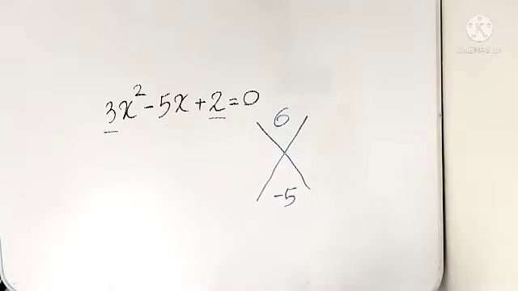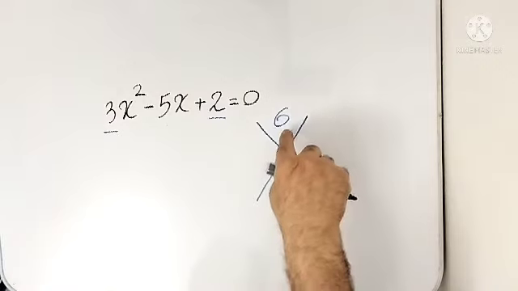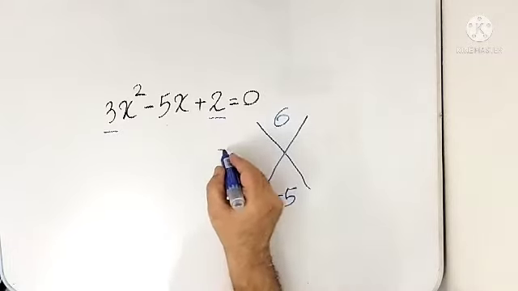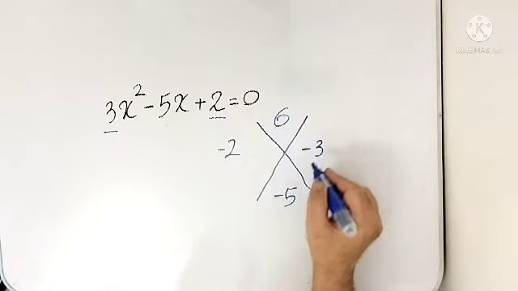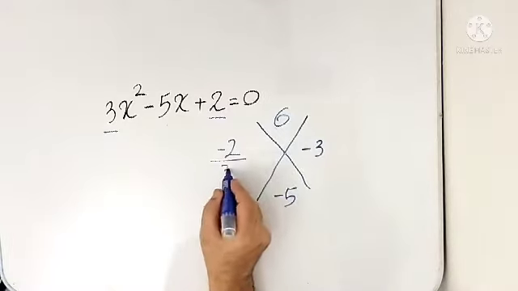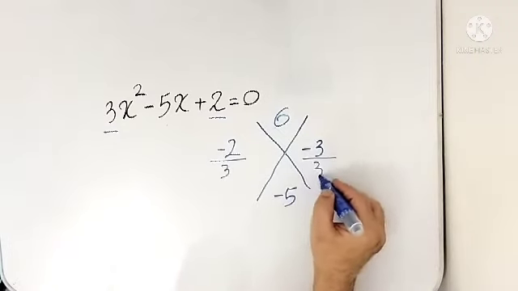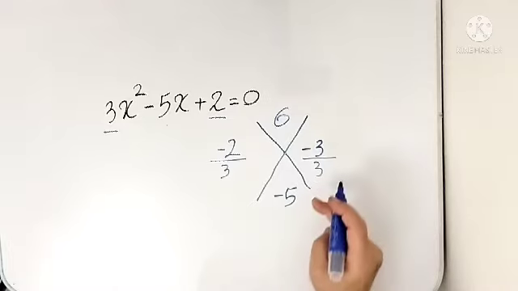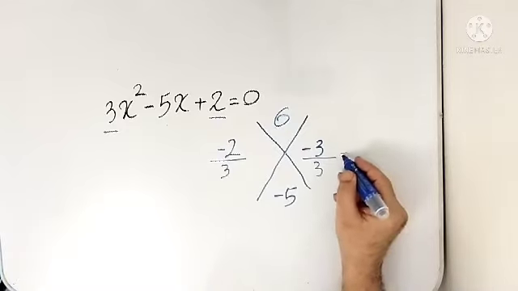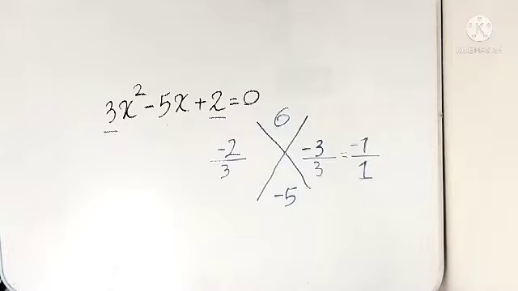Now we must find two numbers that multiply to 6 and sum to -5, and write these numbers in this part, then divide these numbers by A. If a fraction can be simplified, you must simplify it, but this fraction cannot be simplified.